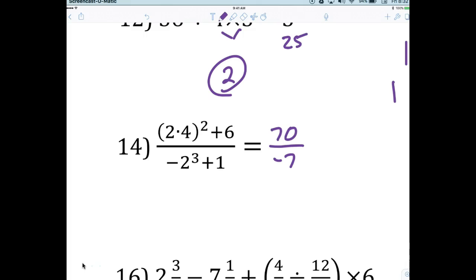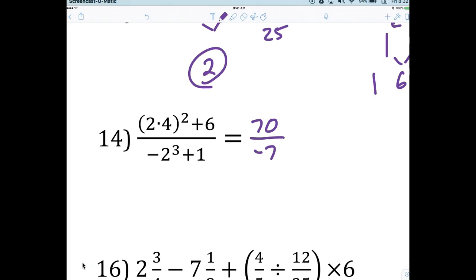You're trying to figure out if you understand order of operation. If you can see 70, move on. If you know the answer is -7, let's move on. If you don't know that, you raise your hand and say, just give me a little bit of help. I forgot a rule. That's all I'm asking for. Come on, Connor. 8 to the second power is... Now, final answer here then is -10.